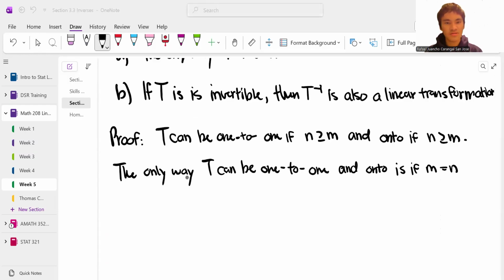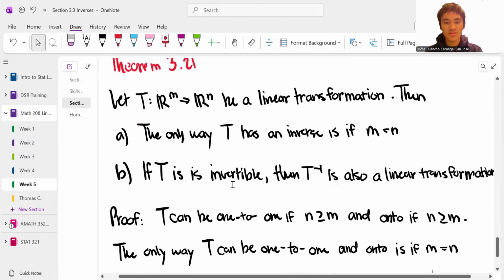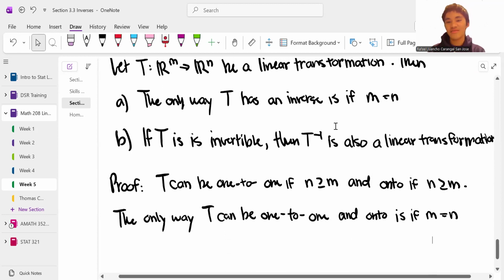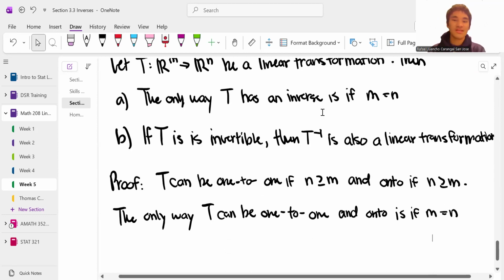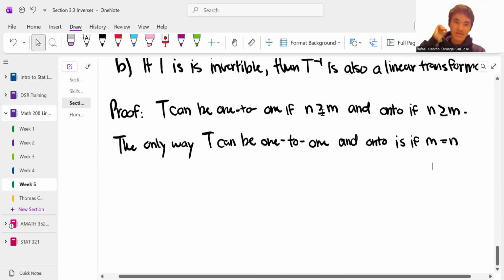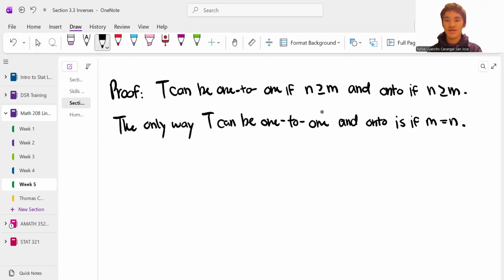Why not greater? That's what it says. It only has an inverse if m is equal to n, not if n is greater than m or m is less than n, right? So that's the only way. Okay, we know that. Good.